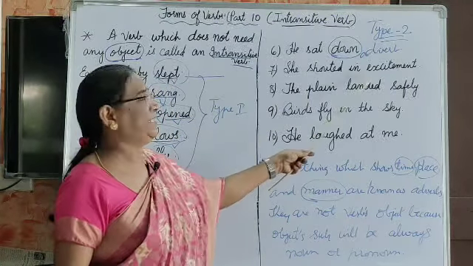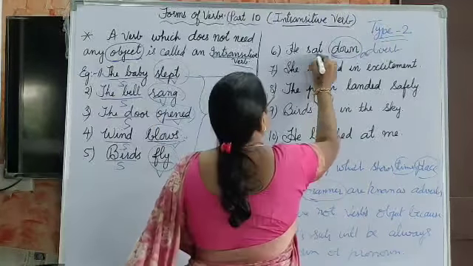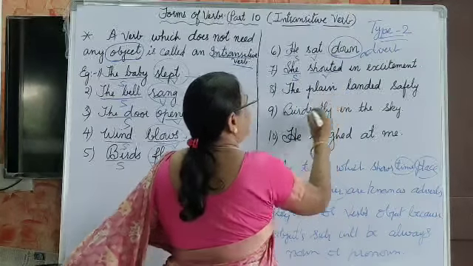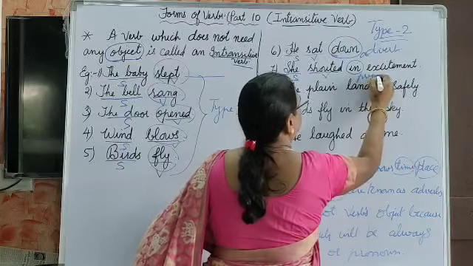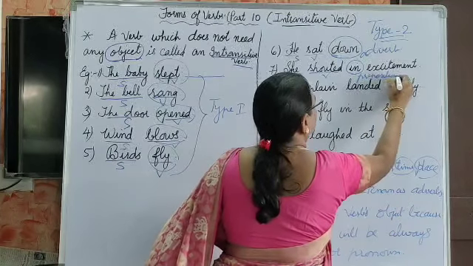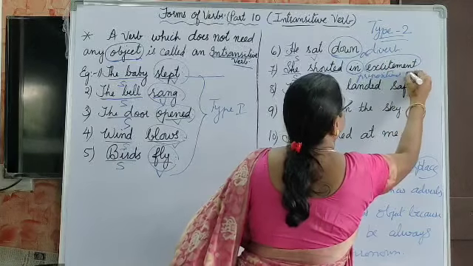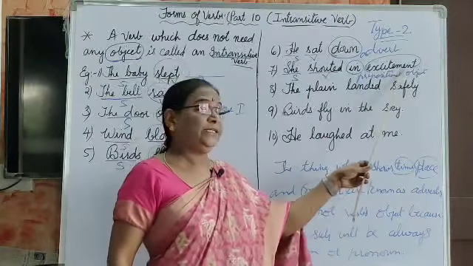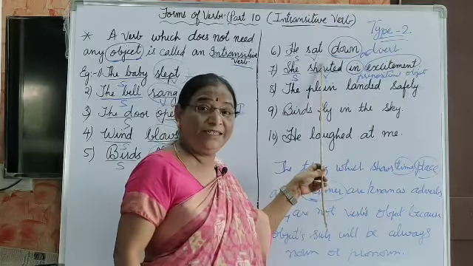She shouted in excitement. See, this is subject here, this is verb here. But soon after the verb we have in, this is preposition. So this is prepositional object. Though we have an object here, it is not soon after this verb.